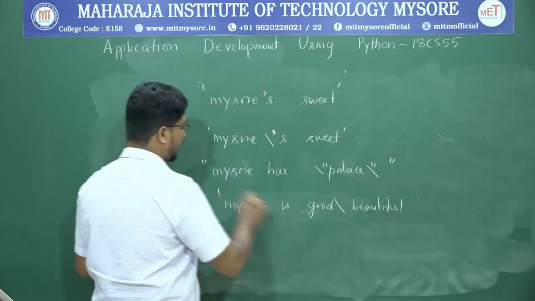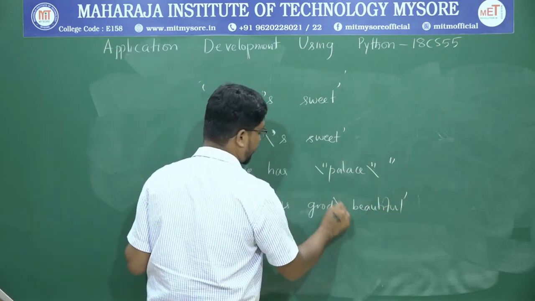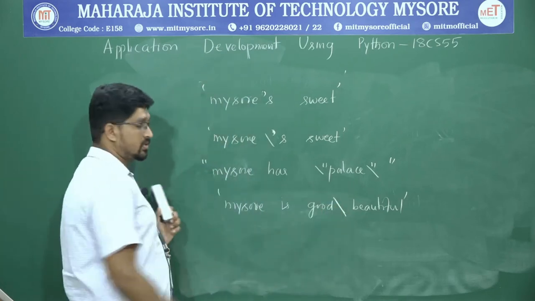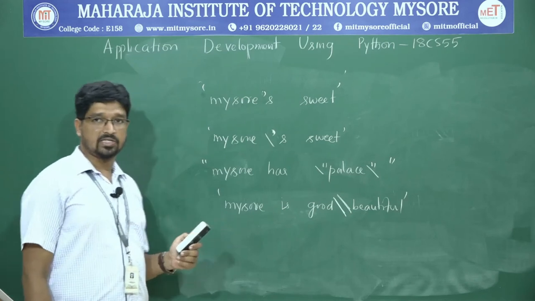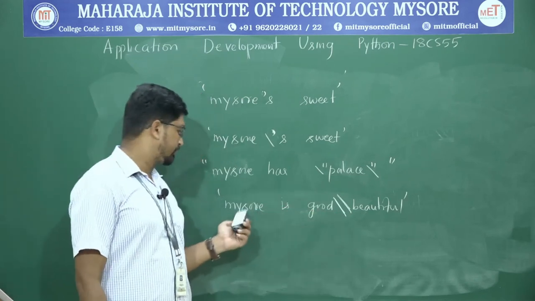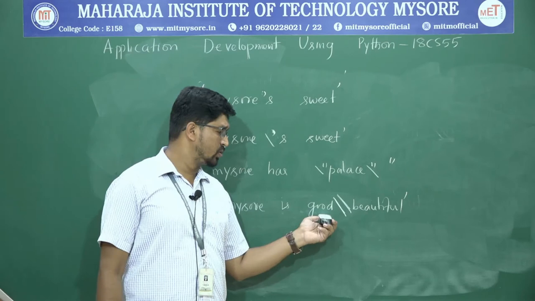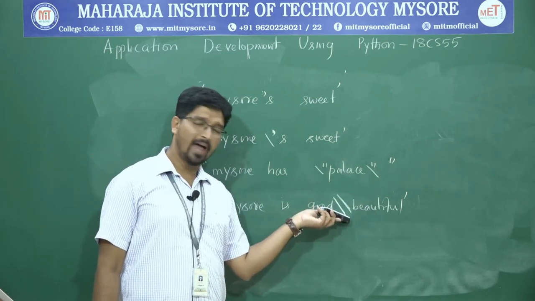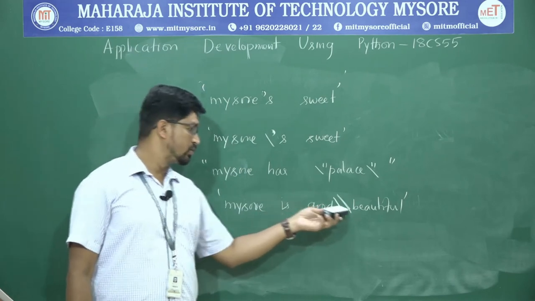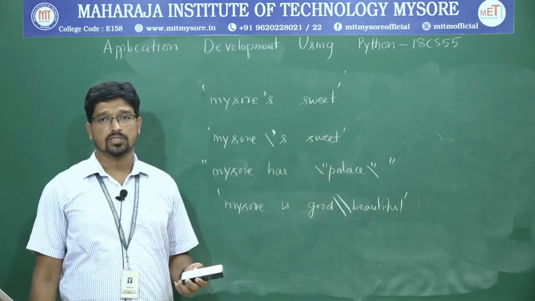You cannot print this backslash directly, because it begins an escape sequence. You need to put one more backslash, then you will get output as Mysore is good slash beautiful. So if you want to print a backslash on the screen, you should use one more escape sequence.